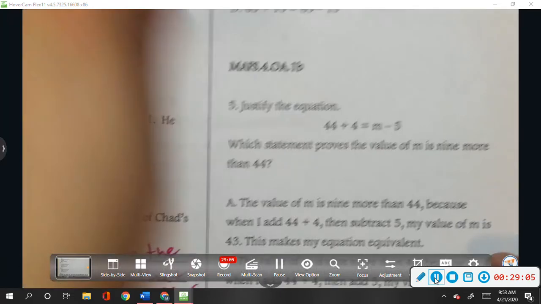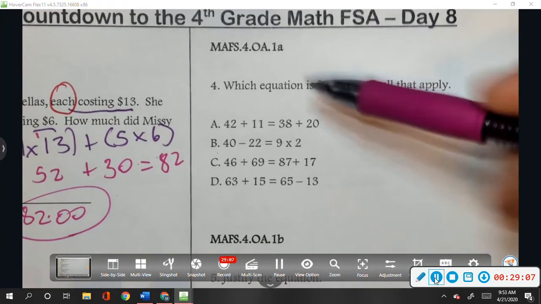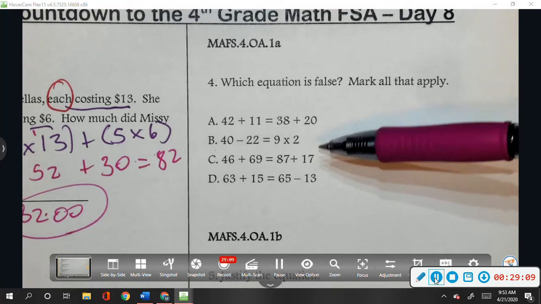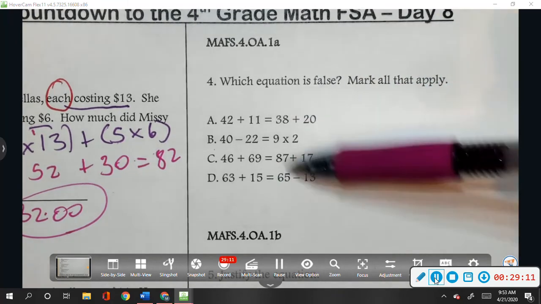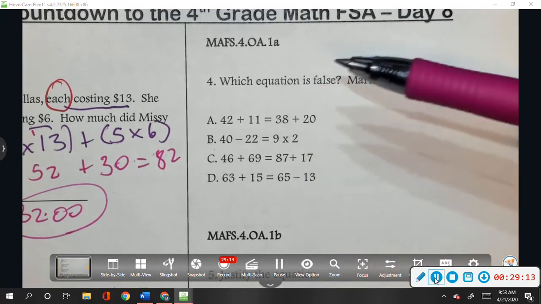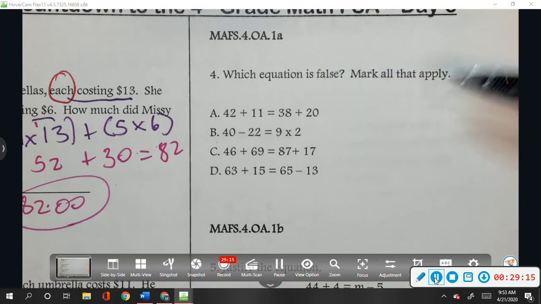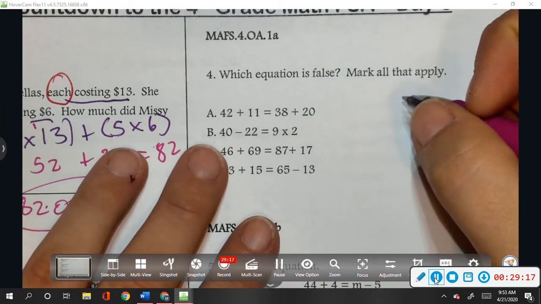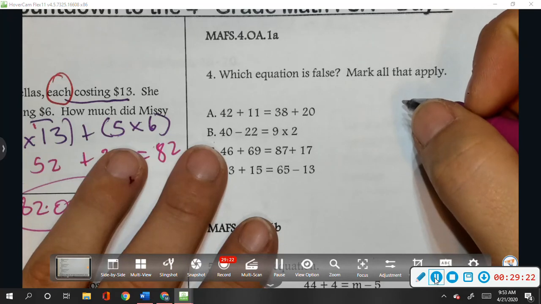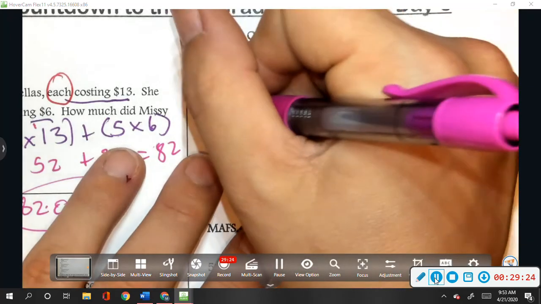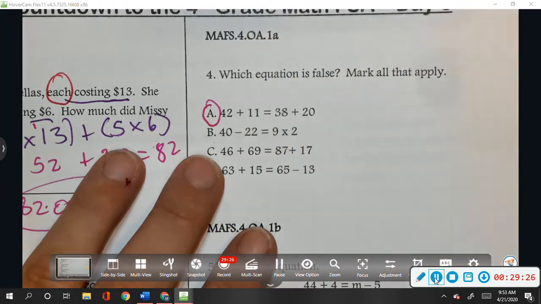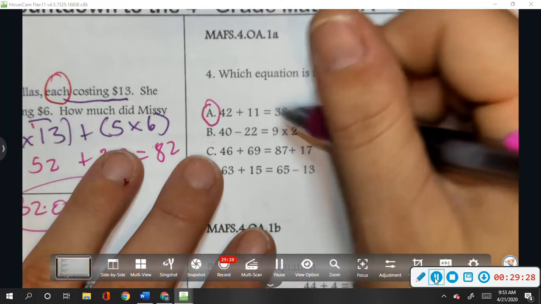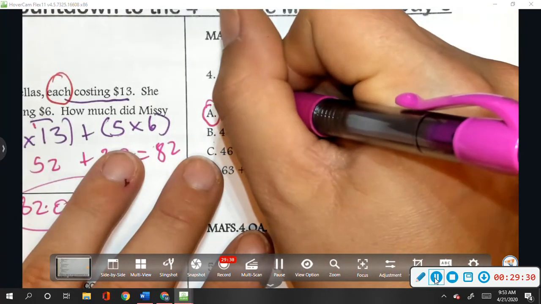Number 4, go through, pause the video. I'll give the answers in just a minute, but pause the video, work through these equations, and tell me which equation is false. Okay. So we know that A is going to be false because when we add 42 and 11, we get 53.